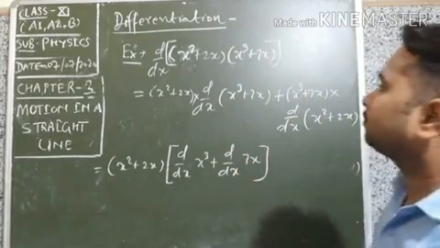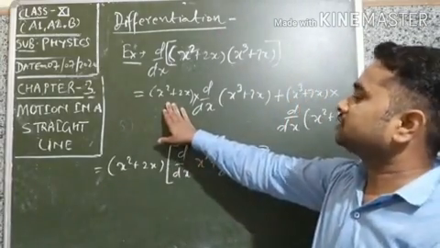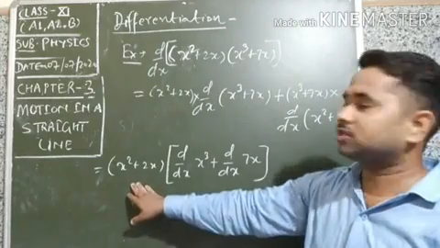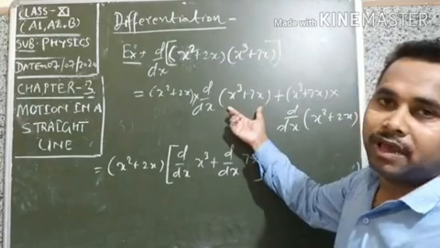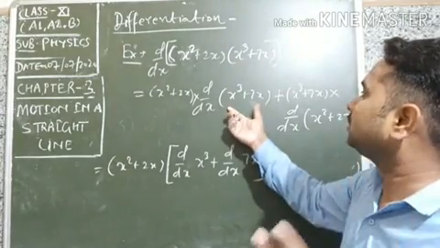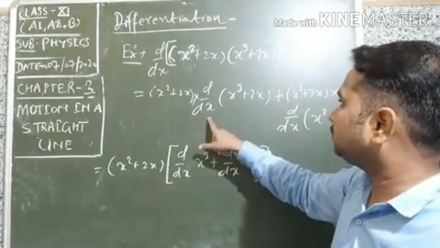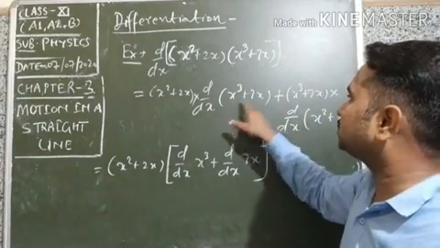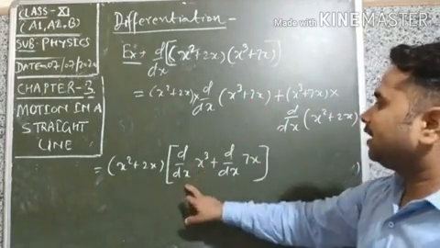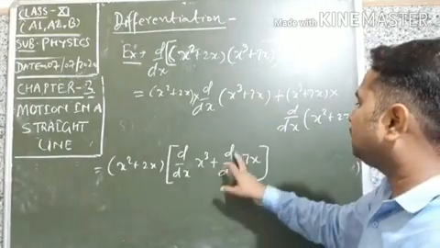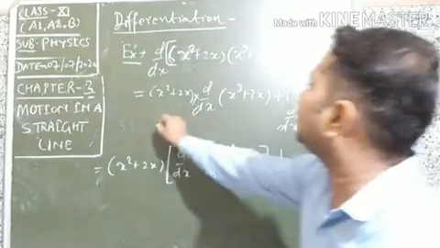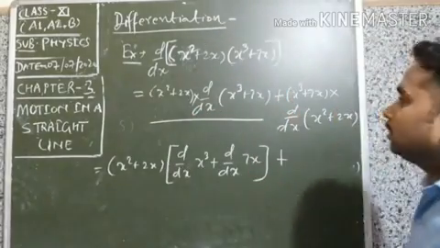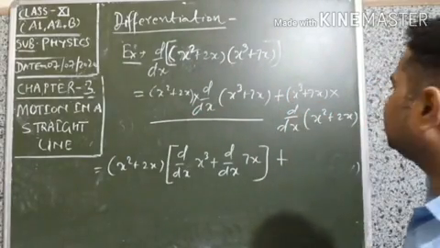This was the differentiation of the second function, and it had two terms, so differentiation applies on them separately. So d by dx of x cube plus d by dx of 7x, plus, this is half of the part. Now let's see the next half.